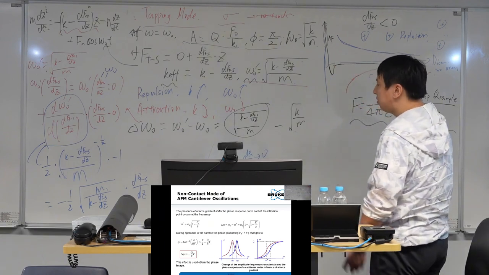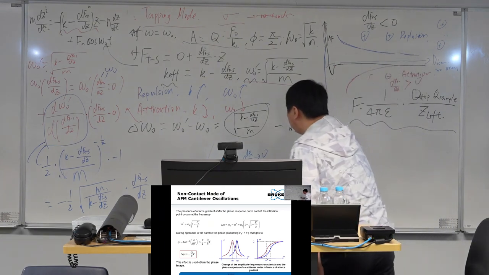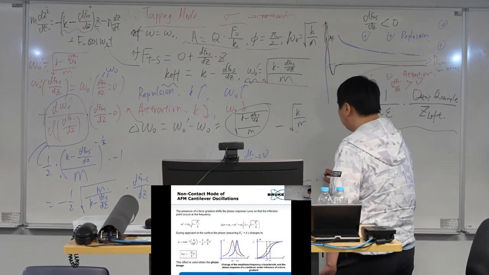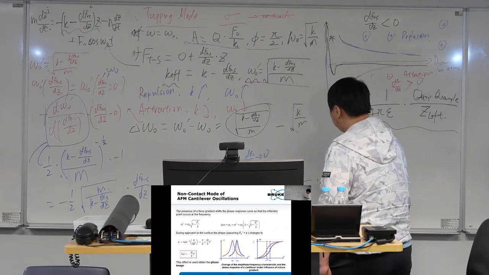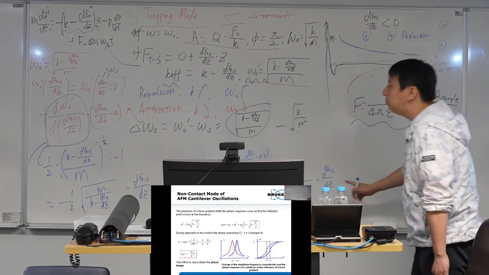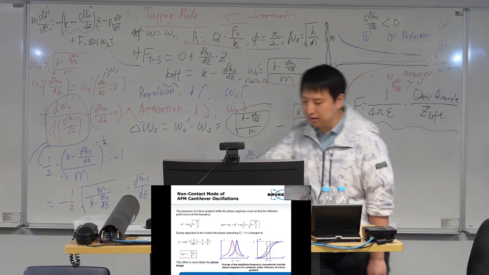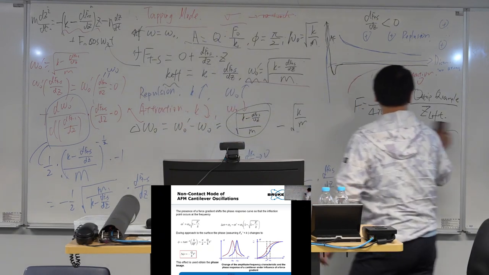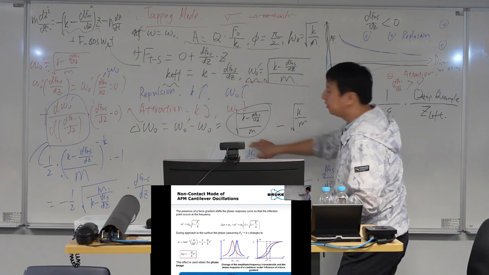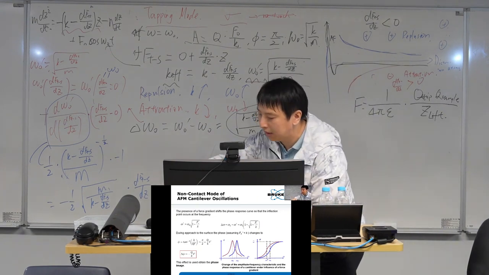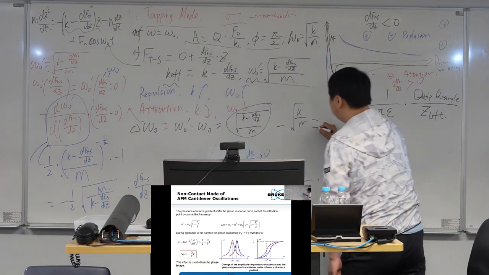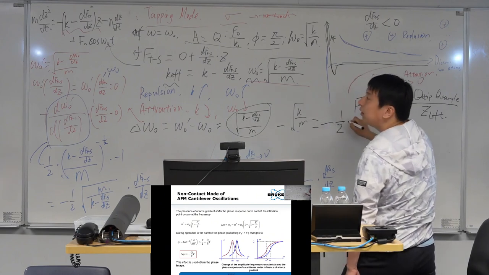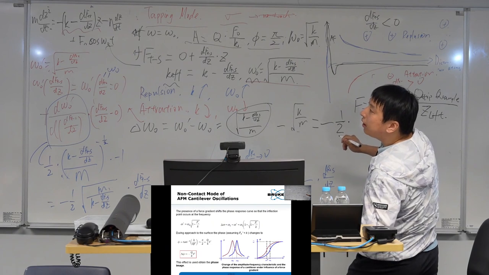So the result is negative 1 omega 0 times dFTS over dz, and we put it back in here.